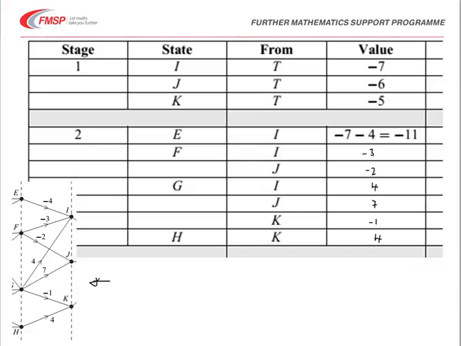If you now put in the corresponding values from stage 1 for each of these, for I and J, these are -7 and -6. So we're reading off these values in the table at the top here: I, J and K, -7, -6 and -5. And from H to K, K gives us a value of -5 at the bottom there.